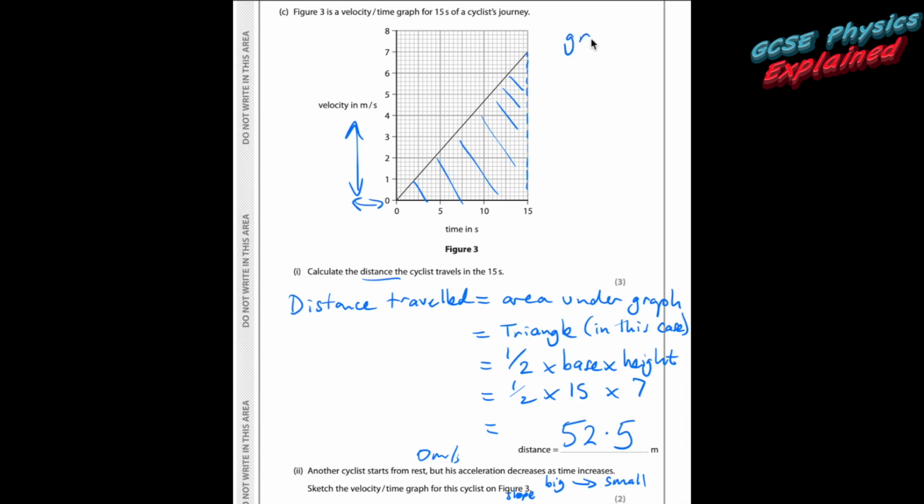So the gradient of a velocity time graph equals acceleration. So it's going to start off steep and then it's going to go not as steep. As long as you've done a curve that starts off steep and then isn't as steep, you could have drawn it like that if you'd wanted, that's fine. Anything that slopes off like that.